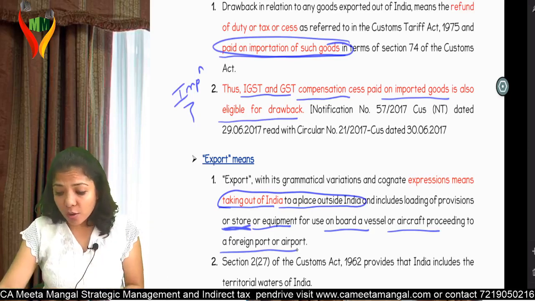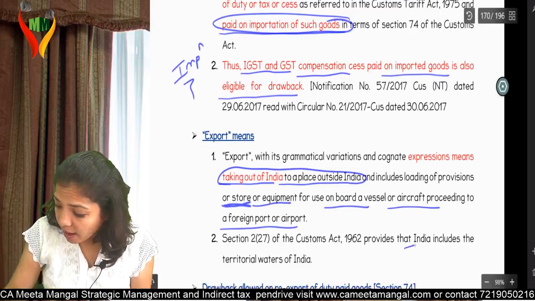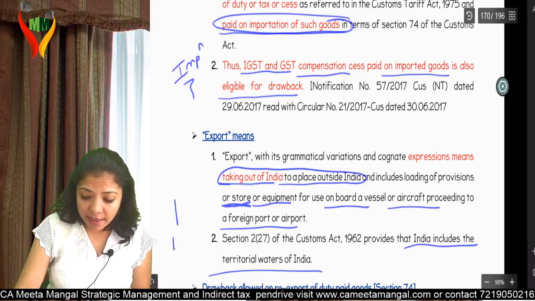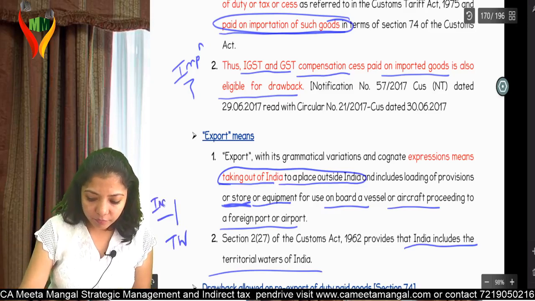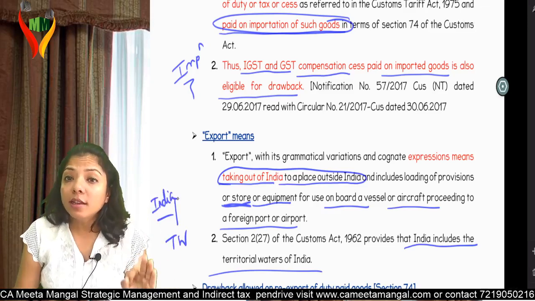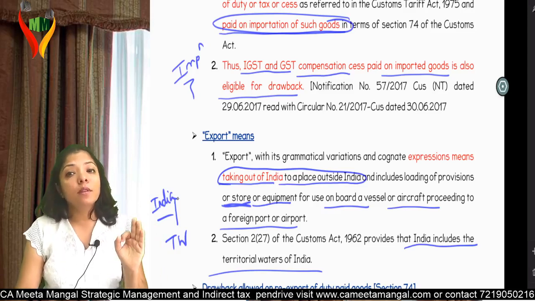Now what is taking outside India? As per section 2 subsection 27, India includes territorial waters. That's it. This is my territorial waters. This is India. We know territorial waters is 12 nautical miles from the coastal line.